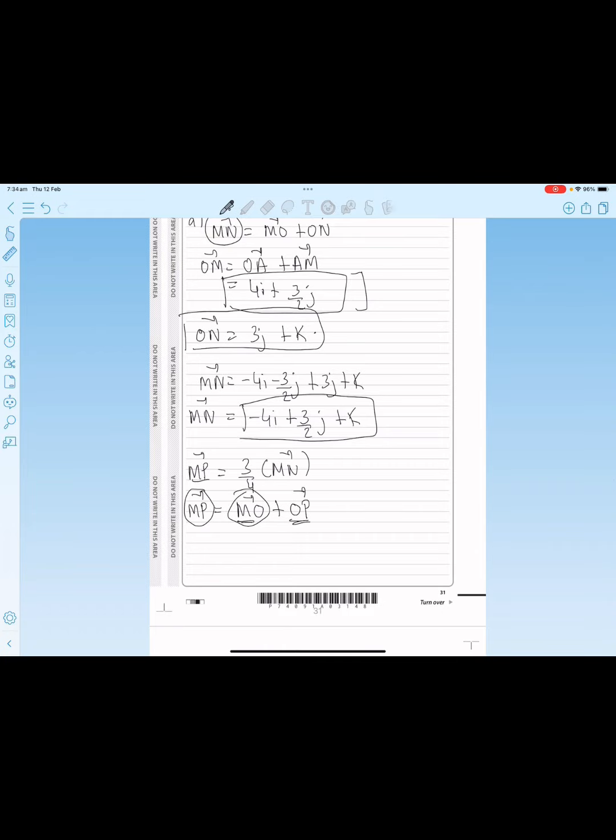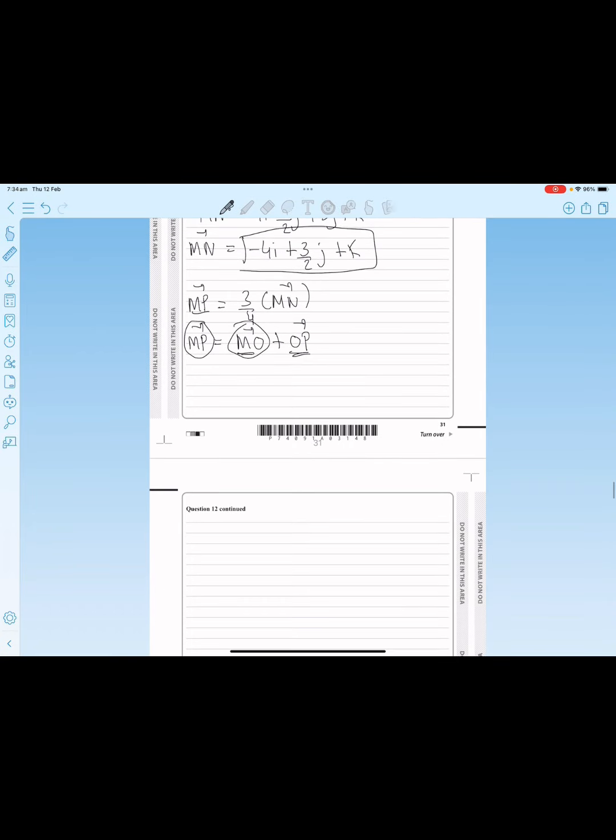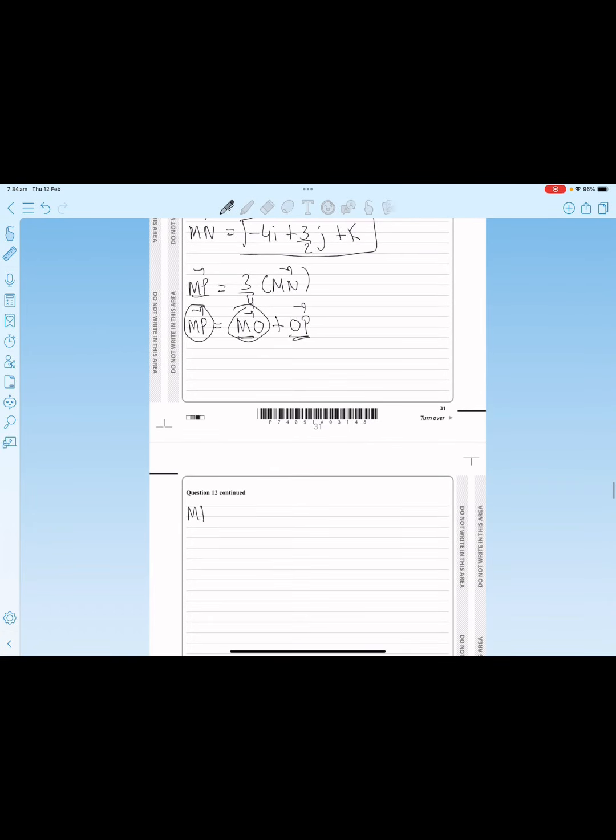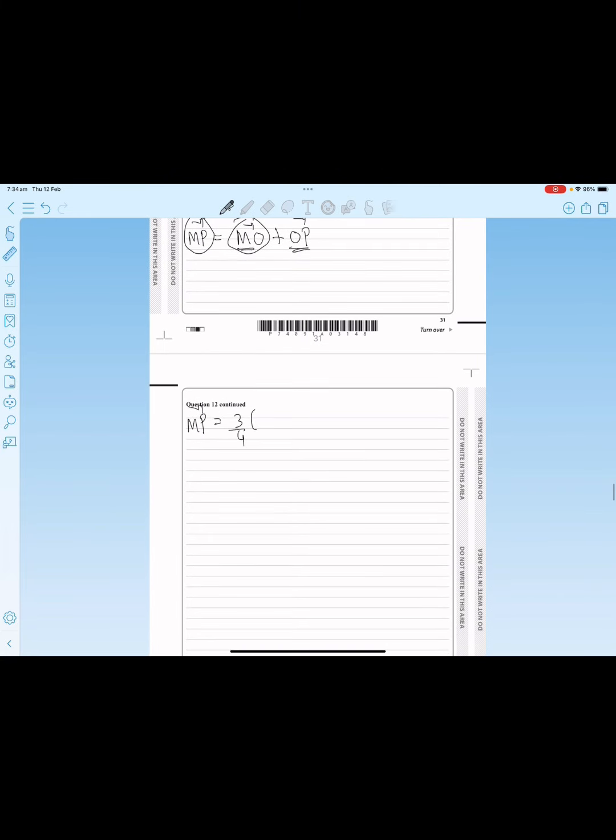Then I can just rearrange to get my OP vector. So MP is essentially 3 over 4 MN, which we got to be minus 4i plus 3 over 2 j plus k. So this would simplify out to be minus 3i, as this and this would cancel, plus, oh wait, of course it wouldn't cancel for the whole thing, just for that bracket.